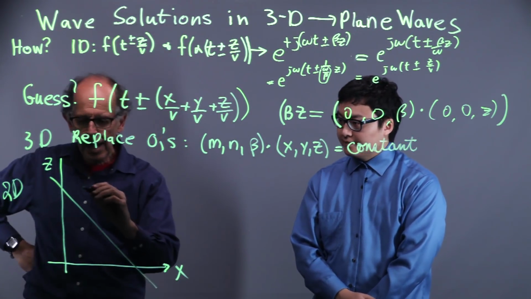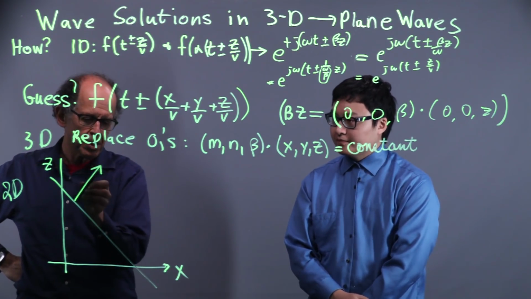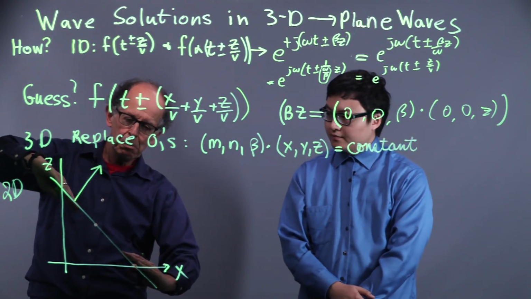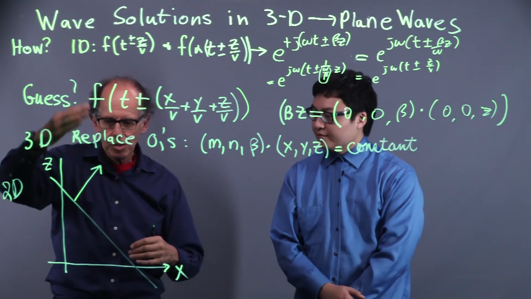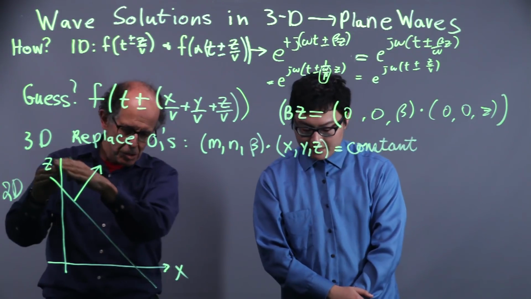And the line has a normal vector, normal to the line. You can think of this as a 3D picture. If we pull this line out of the page, it's a plane. So we're just slicing the plane. Since it's not tilted in Y, things don't change. So just a line.